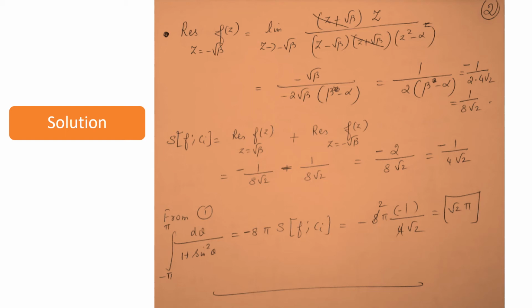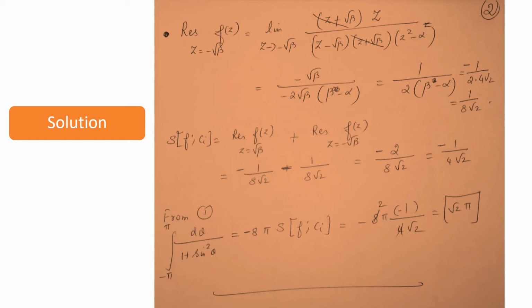So the sum of the residues is the sum of the residues of the function at z equal to root beta and z equal to negative root beta. Adding them together, we get negative 1 by 4 root 2. The integral from negative pi to positive pi of d theta by 1 plus sine squared theta, substituting in my previous result, is negative 8 pi times the sum of the residues. My sum of residues is negative 1 by 4 root 2.